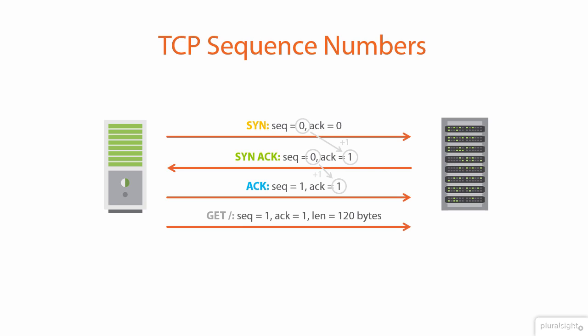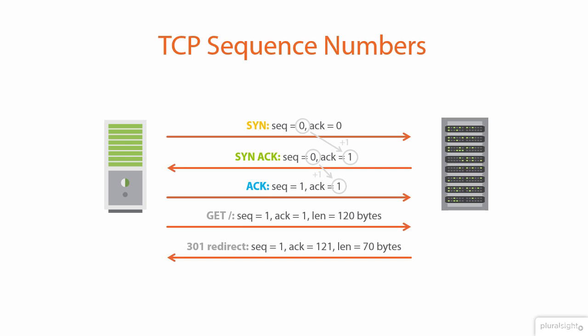That 120 bytes attribute that you see here is derived by looking at the size of the packet itself. Now the second host receives this request, and because it hasn't sent any data yet, its sequence number is still 1 from the initial three-way handshake. So that was the ACK number that was sent by the first host earlier on. So it acknowledges the request from the first host by sending back the sequence number it just received in the GET request, plus the length of the request itself, thus confirming how much data was received.